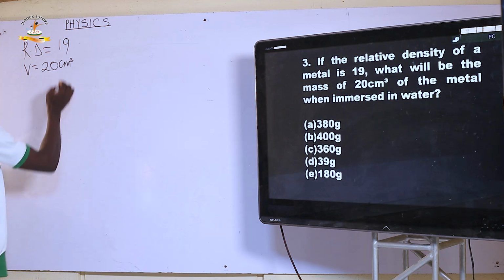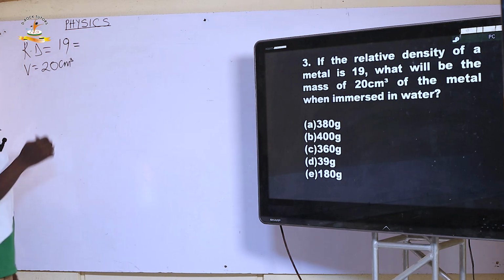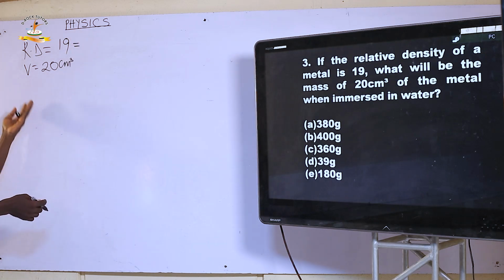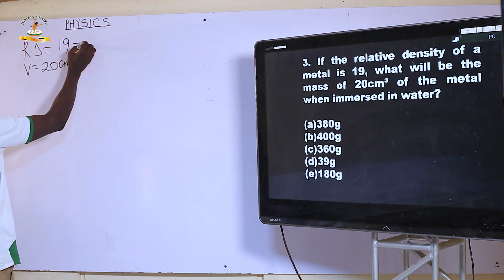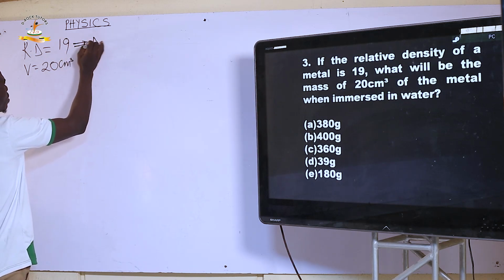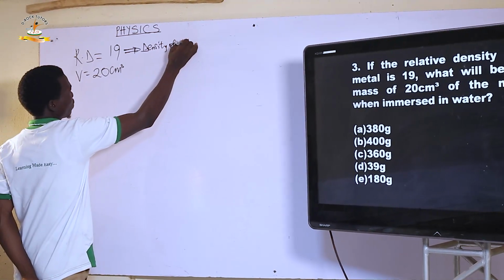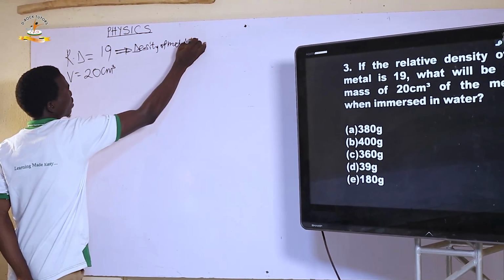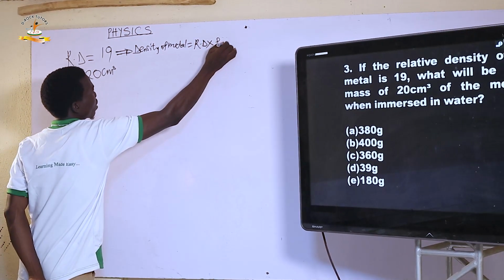However, we know that density equals relative density times density of water. So relative density implies that the density of the metal given to us is equal to relative density times density of water.